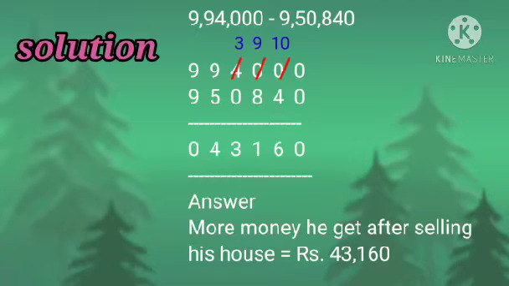Solution: 9,94,000 minus 9,50,840. The answer is more money he got after selling his house equal to rupees 43,160.